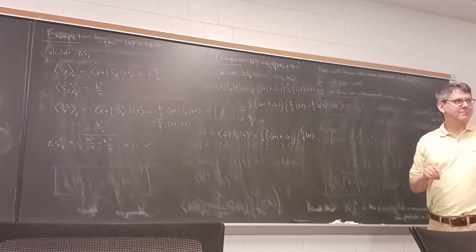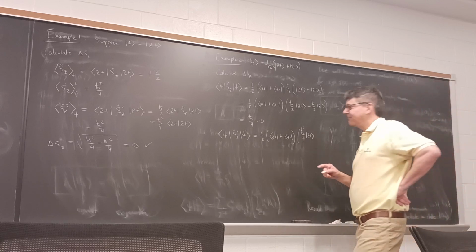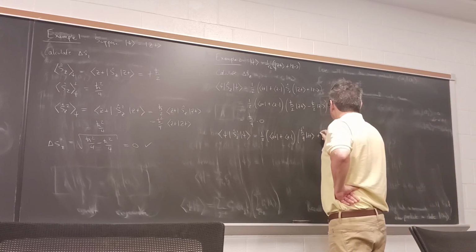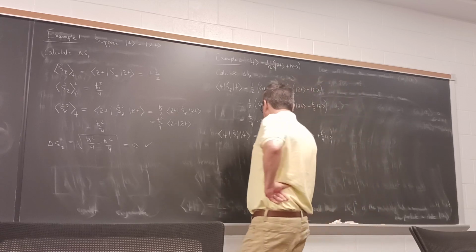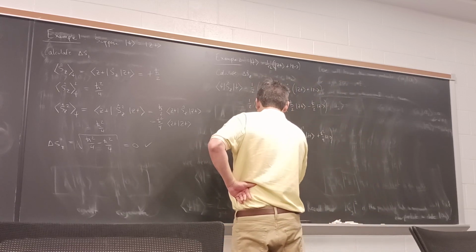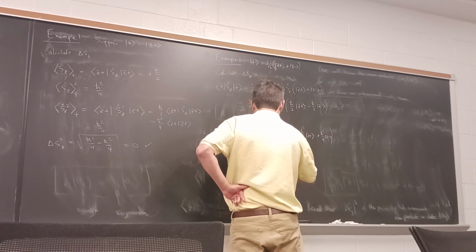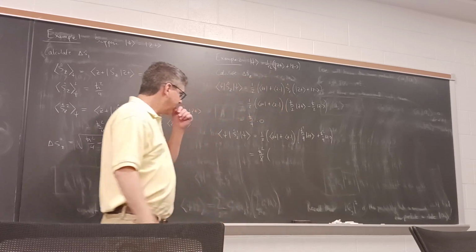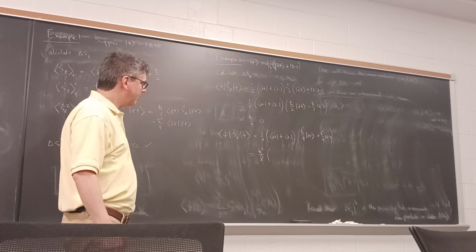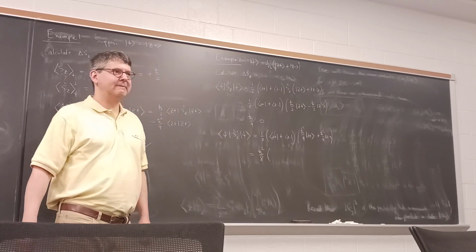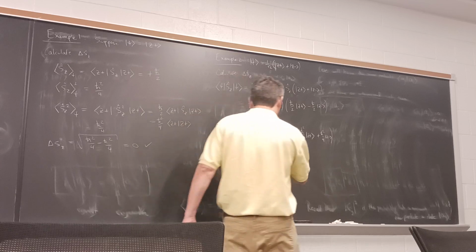Right, everybody see that? So there's another plus h bar squared over 4 z minus. So now we've got h bar squared over 8 multiplying 2.